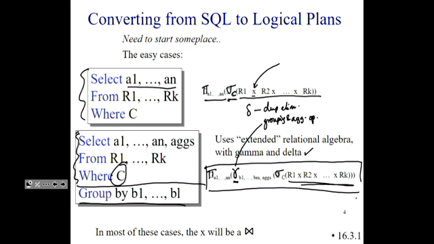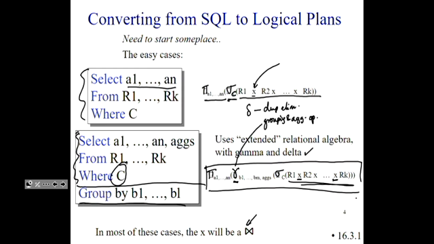You can't avoid gamma and delta because those operations can't be expressed using the other relational algebra operators. Like I said, here I'm using the cross product. I could use the join or the theta join if I wanted instead. In most cases, it would actually be a natural join, but I'm going to avoid that for now. So for now, I'm working with the cross product, and that works fine.